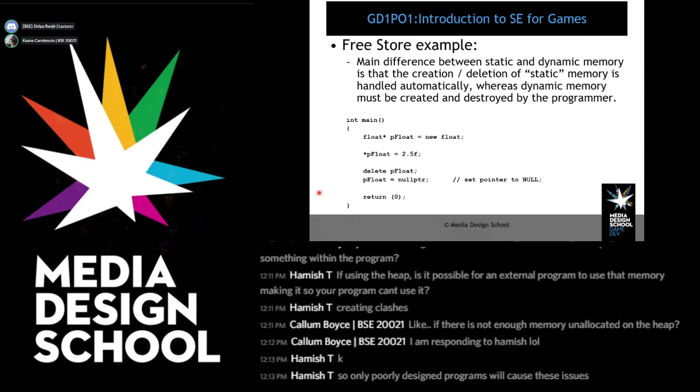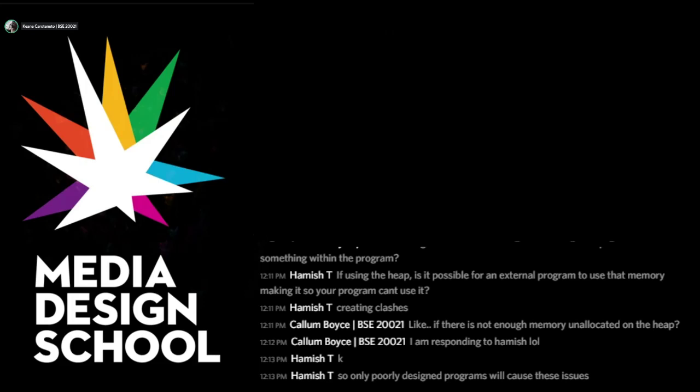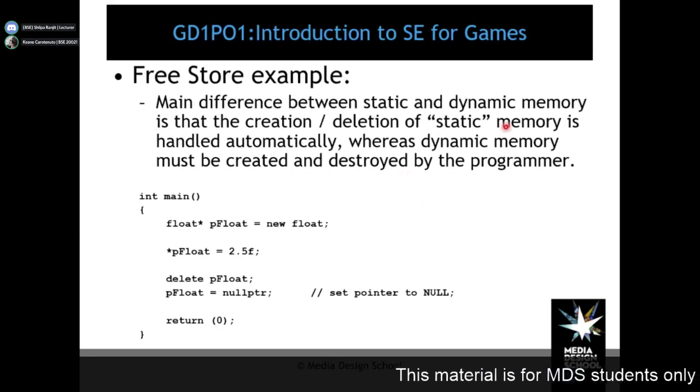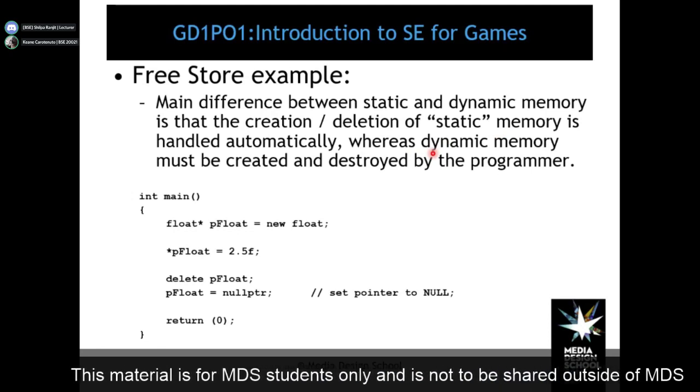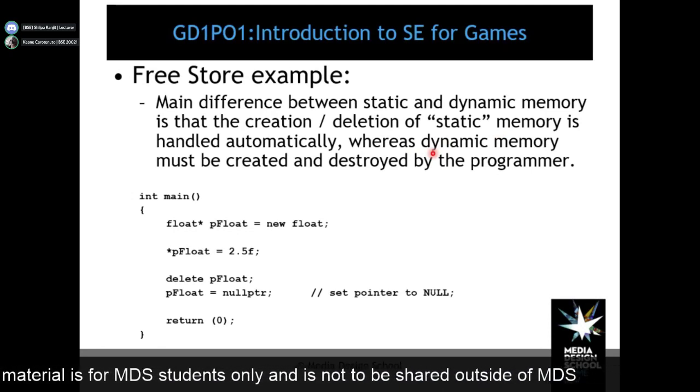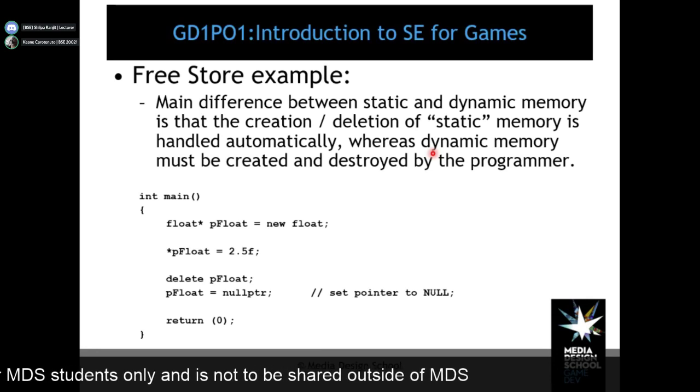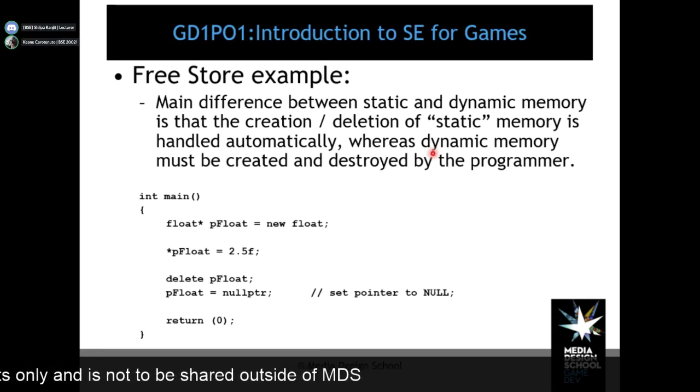So this is another free store example. The main difference between static and dynamic memory allocation is that static memory allocation is decided at compile time, and it gets automatically deleted after the block where it was created gets destroyed, or it ends.